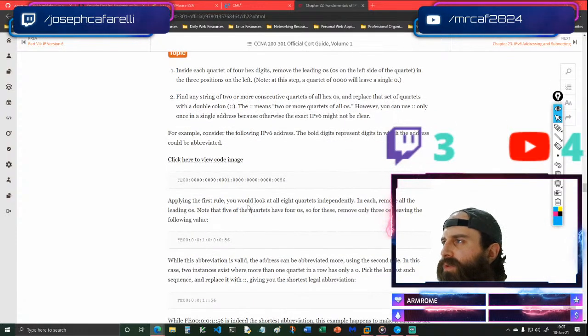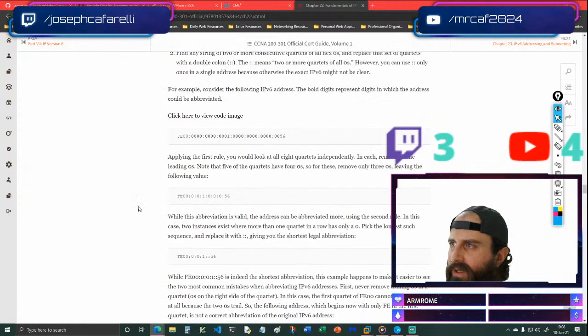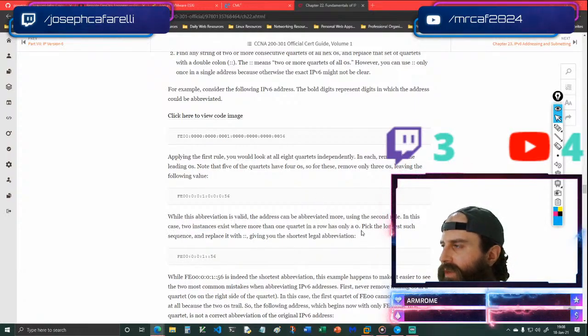All right. Applying the first rule, we would look at the 8 quartets independently, removing all the leading zeros. Note that the 5 quartets have 4 zeros, so for these, removing all 3 zeros, leaving the following value. While this abbreviation is valid, the address can be abbreviated more.